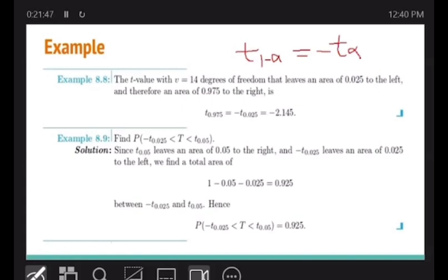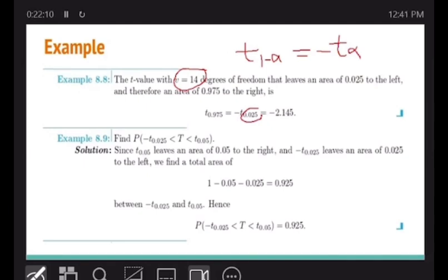So if you want to check from a T table, you're going to check under the degree of freedom 14 and check it at the 0.05 level of significance. That will give you 2.145. But you know, this negative is because of this negative.